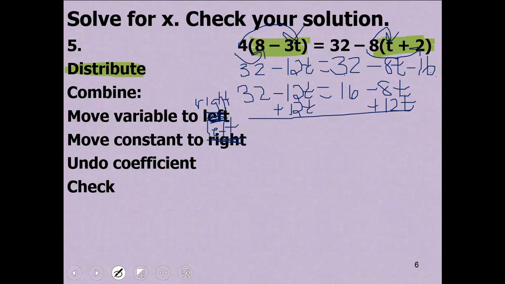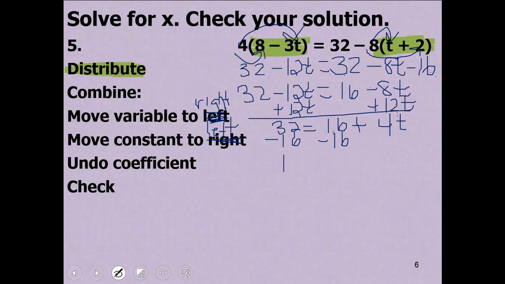When I do that, I get 32 is equal to 16. Look here, I have different signs, so I take their difference. That gives me 4t. Now, do I have more positives or more negatives? Well, I have more positives there. Okay. Now, I want to undo this 16 right here. I have to move any constants away from my variable term, so I want to move 16 here.